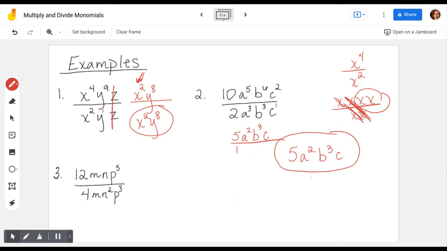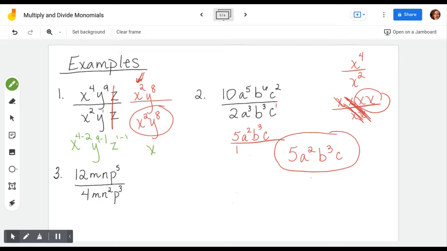Now the actual rule, if you look back, it was about subtracting. So before I do this last one, let me show you these again with subtraction. For example, on the first one, instead of just canceling the 4 and the 2 to see I have 2 extras on top, I could do x to the 4 minus 2, y to the 9 minus 1, and then z to the 1 minus 1.